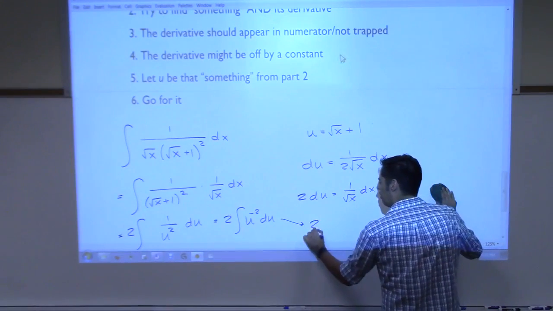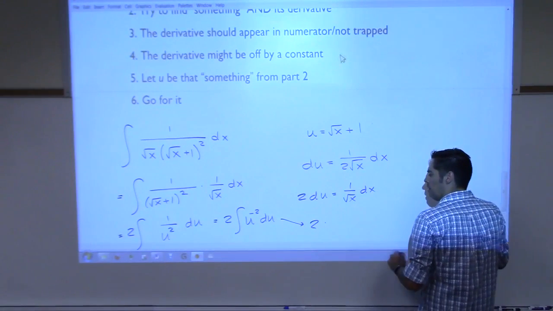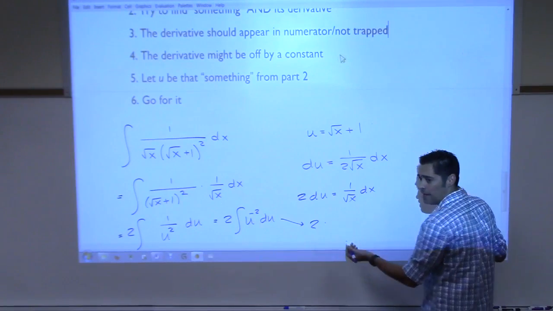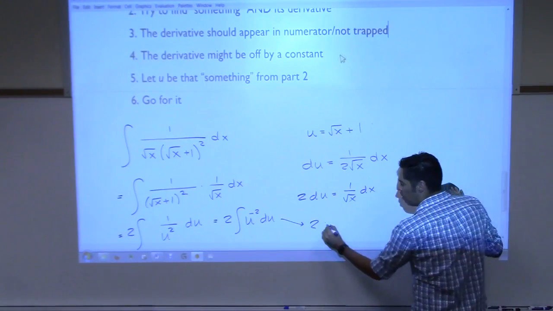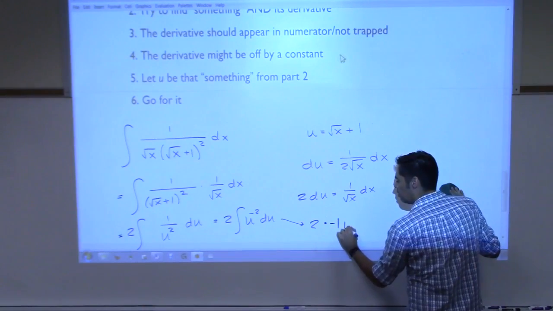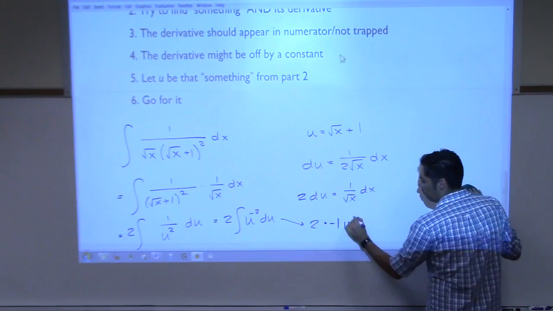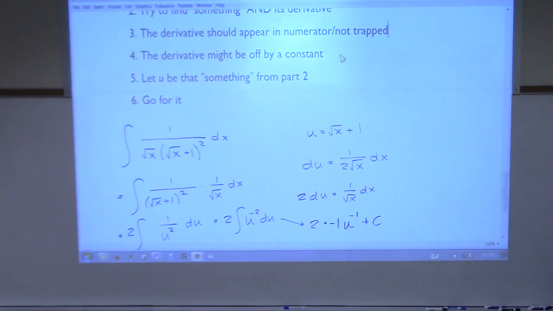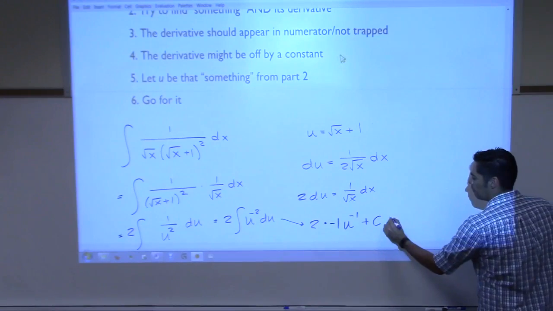So I should get 2 coming along. I should get 1 over what? 1 over negative 1, which is just negative 1, u to the negative 1, and then plus some constant. Almost there.